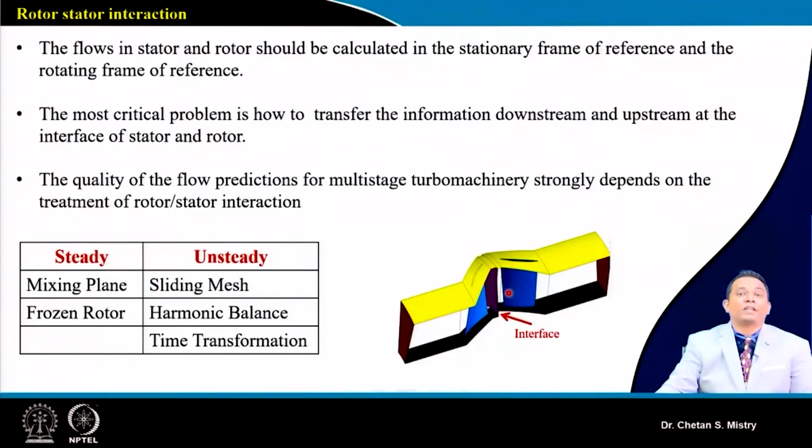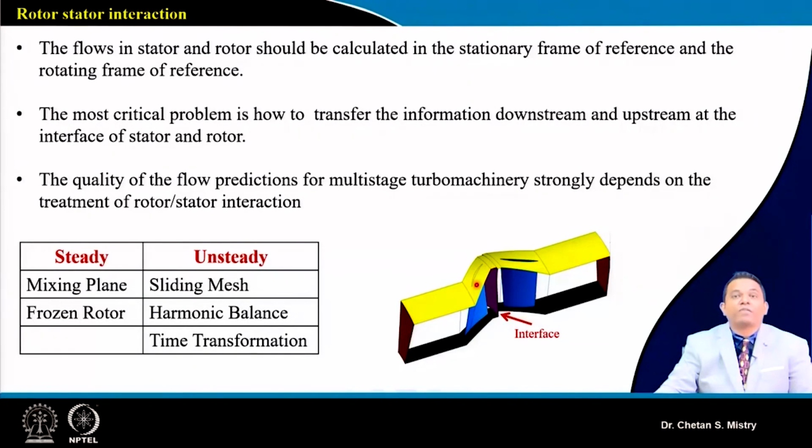Next is the exchange of data between rotor and stator. So just understand here, suppose this is my stator and this is my rotor. The rotor is working under a rotating reference frame, and here this is in a stationary reference frame. So now we need to exchange our data.